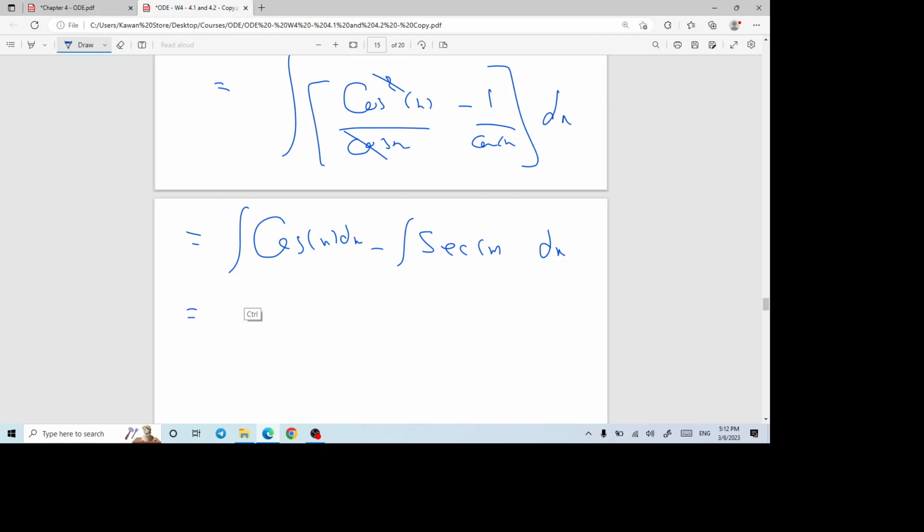Integral of cosine? No, sine. Okay. Integral of secant? You know why?